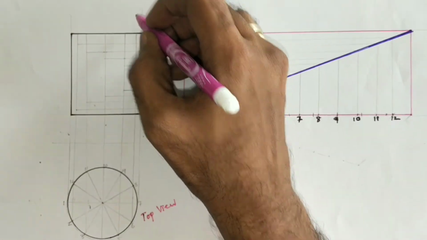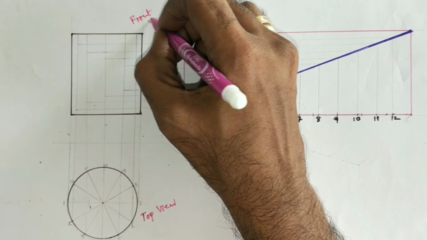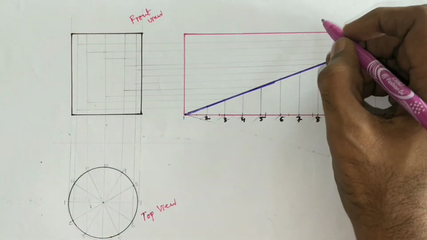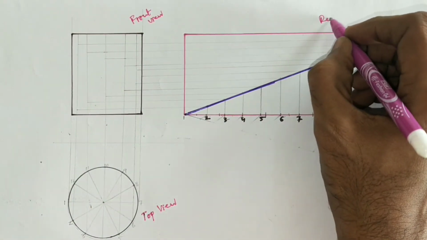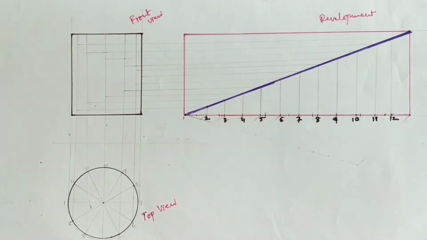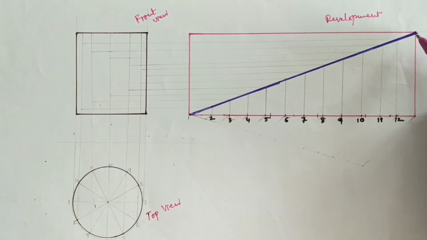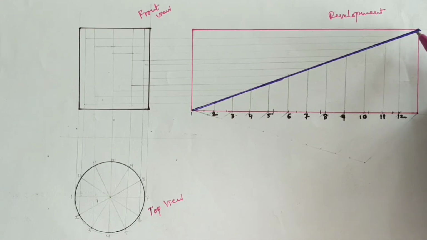And this one is going to be the front view. And this is the development of the cylinder. This is the helix which is placed on the cylinder for one thread.